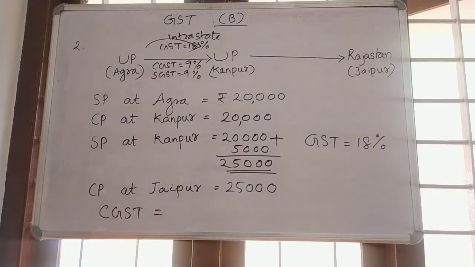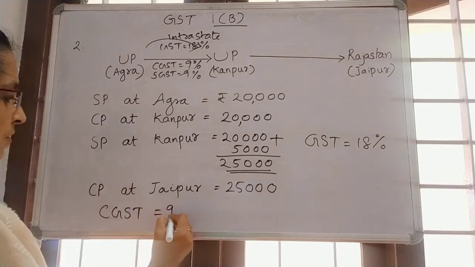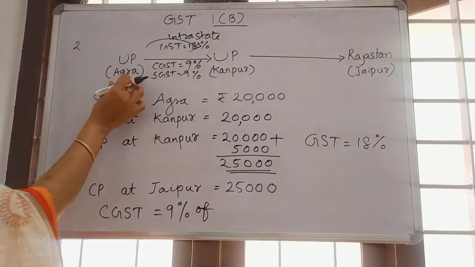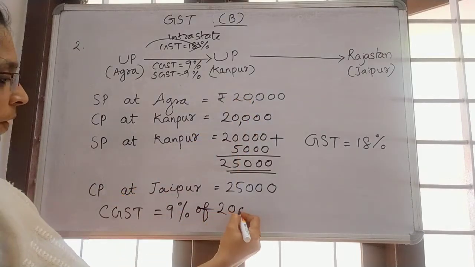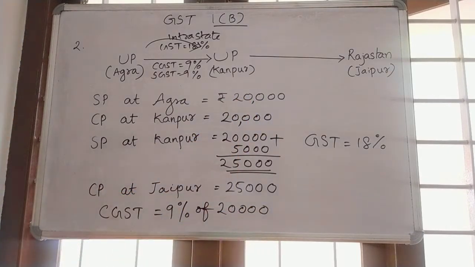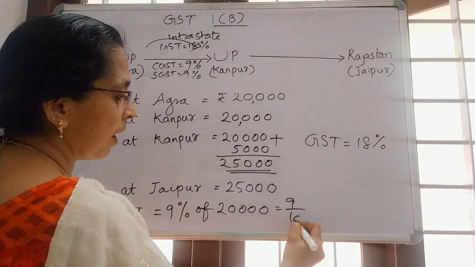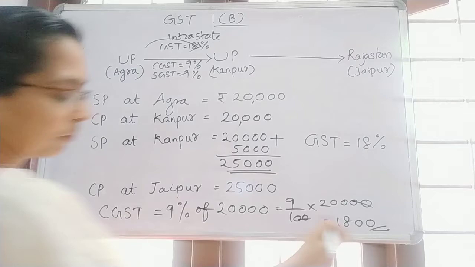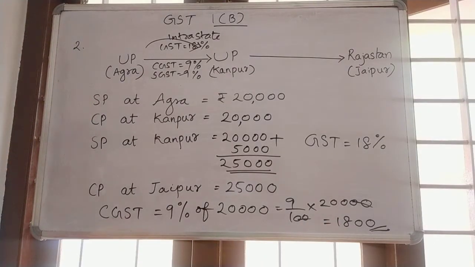So what will be the CGST? 9% of 20,000. That is, CGST at Kanpur will be 9 by 100 into 20,000, so it will be 1,800.